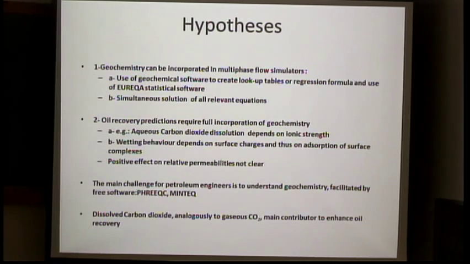Once you speak of ions, you remember that there are surface charges on the oil as well as on the calcite. And these charges affect properties that are important for oil flow, such as permeability. So that has to be taken into account.